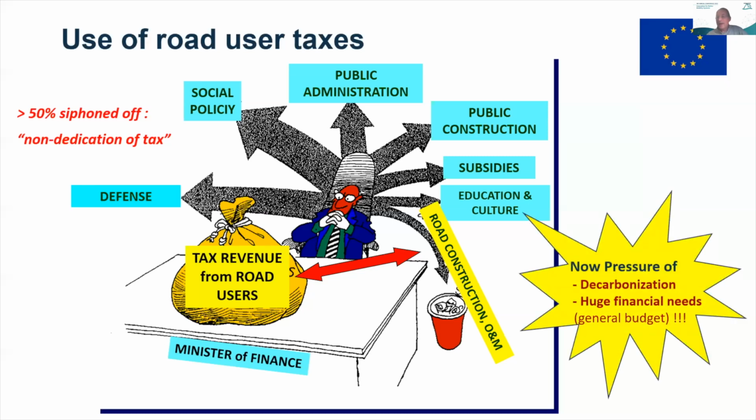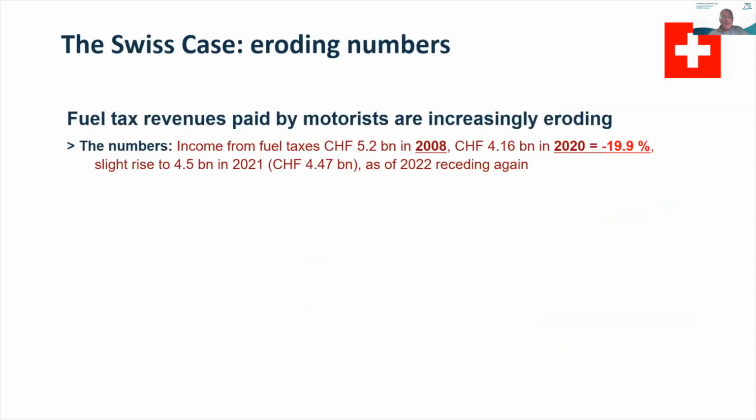Now, there is additional pressure because we have the climate change debate, decarbonization. So if there are new road user charges, they serve the purpose of decarbonizing. And once again, we should not forget that finance ministers have huge financial needs, which is currently not seen.